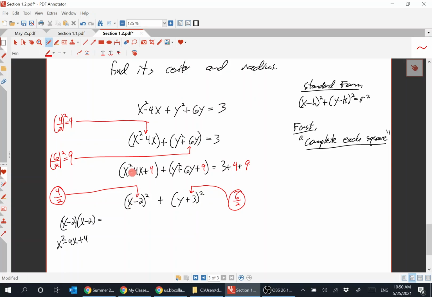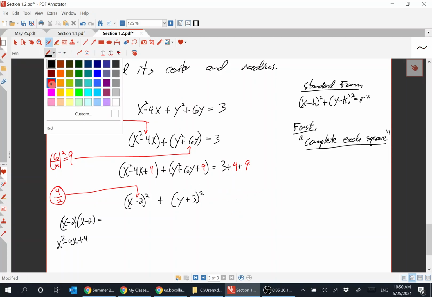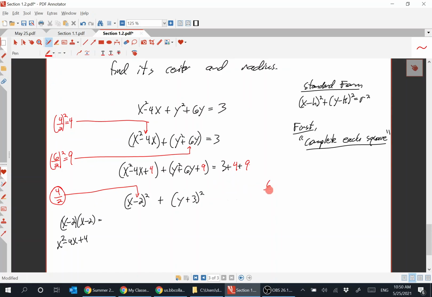This one is a minus because that's a minus. This one's a plus because that's a plus. Equals. Oops, I shouldn't have done it that way, shouldn't I? Equals. So it's 13 plus 3 is 16. Alright, so I've got x minus 2 squared plus y plus 3 squared equals 16.